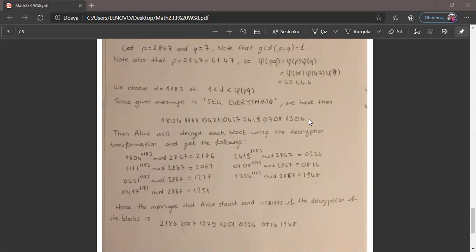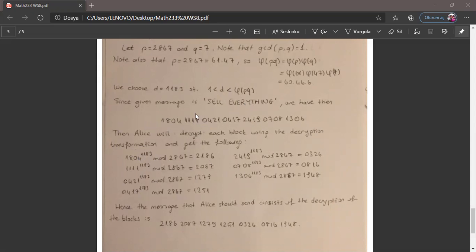Now as we want to decrypt this message, we need to also compute these ones as we did before. So D is this, okay, because it should satisfy this. So we choose this number. Now, what do we have? It should be equal to this modulo this number.